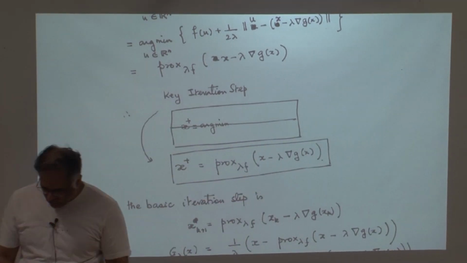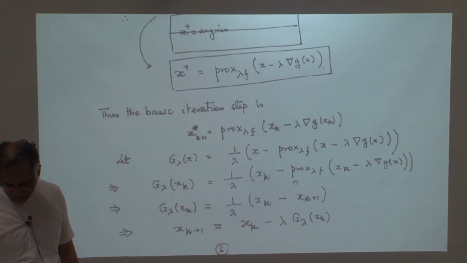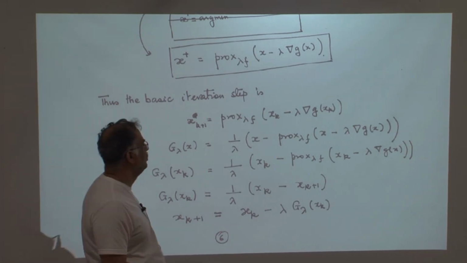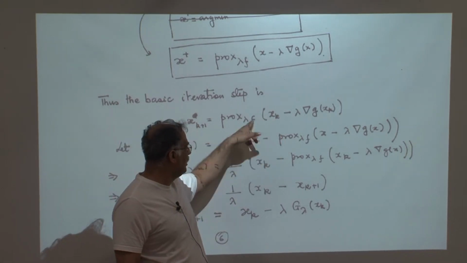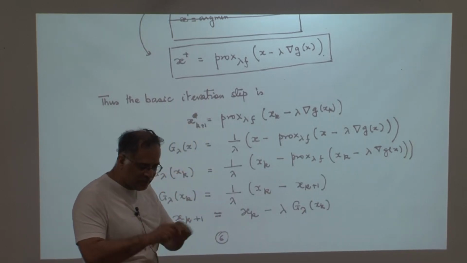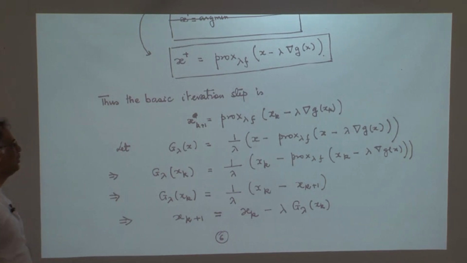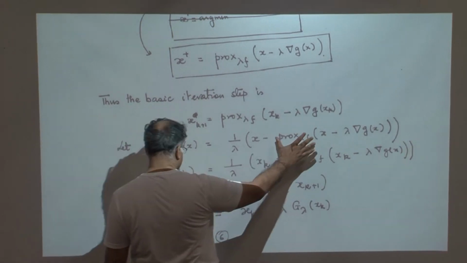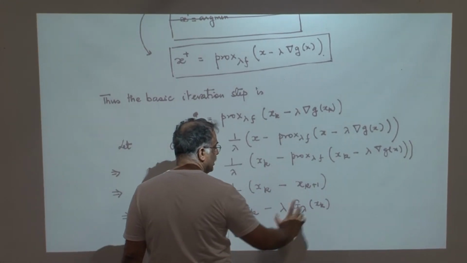You can do some more manipulations with that. Basically what you are writing is xk plus 1 is prox of lambda f at xk minus lambda grad g xk. Instead of x plus and x, I am now writing xk and xk plus 1. If you write g lambda of x like this, you can write xk plus 1 finally as xk minus lambda g lambda of x.